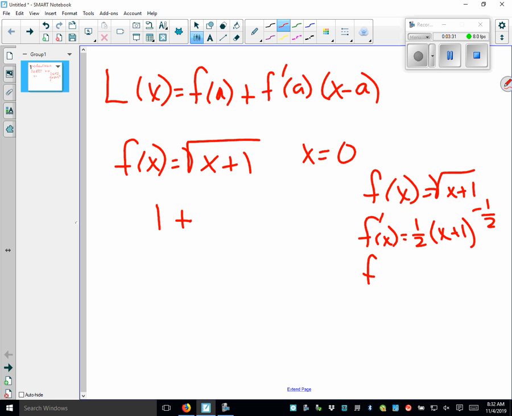So is f prime of 0 equal to 1/2 times the square root of 1, which is 1/2? So f of a is 1 plus f prime of a, which is 1/2, times x minus 0.